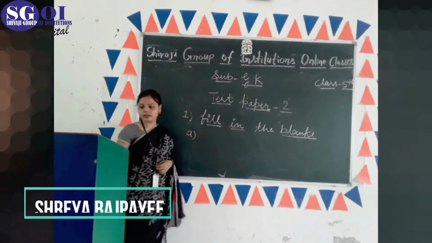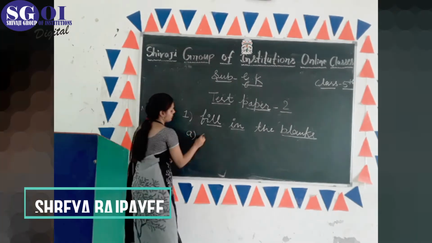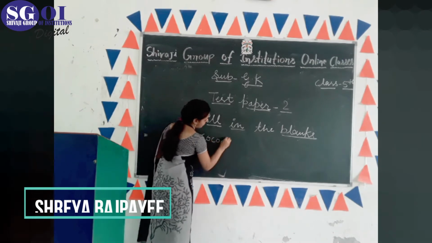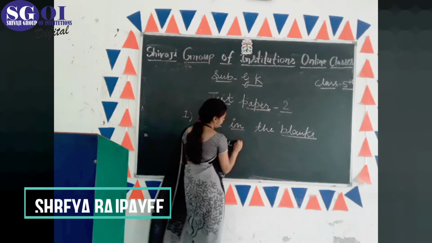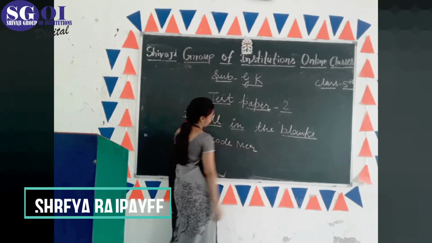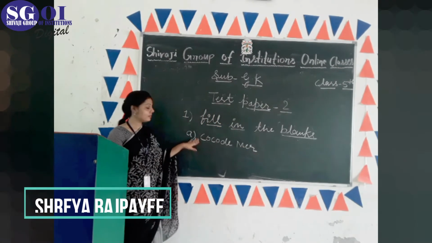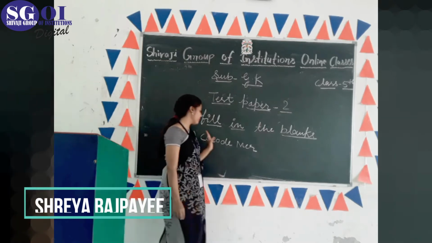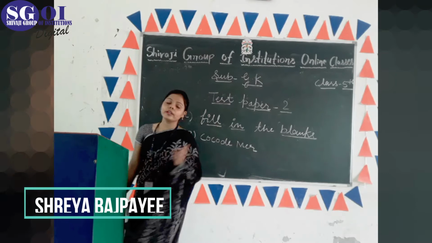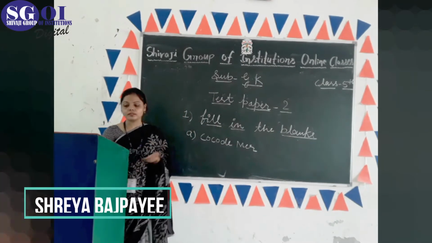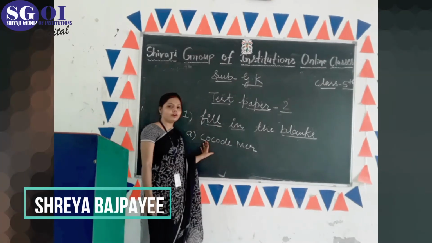The answer is here: coco de mer. The first answer in this chapter. Coco de mer is the largest seed in the world.